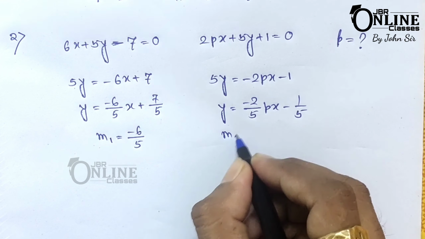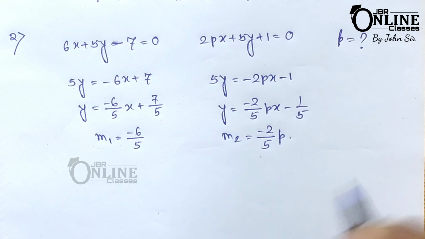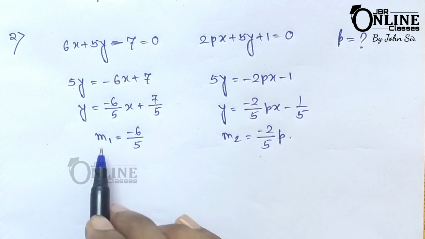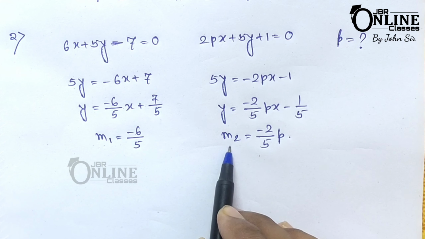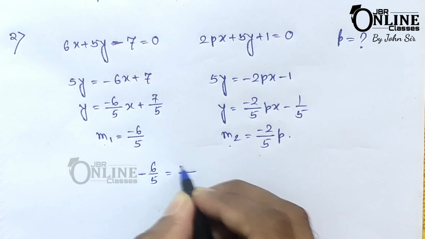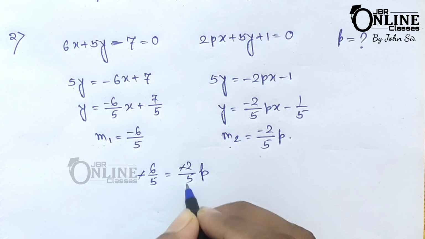So m2, that means the slope, equals minus 2 by 5 p. Now these two lines are parallel, that means m1 equals m2 by the theorem. So minus 6 by 5 equals minus 2 by 5 p. The minus cancels out, the 5 cancels out, and 2 cancels with 6 to give 3, so p equals 3.